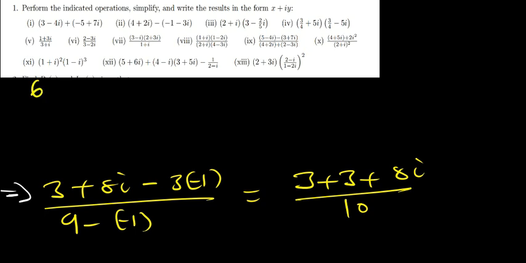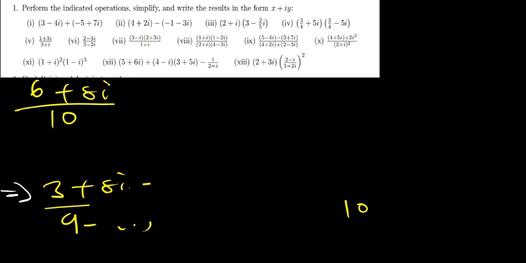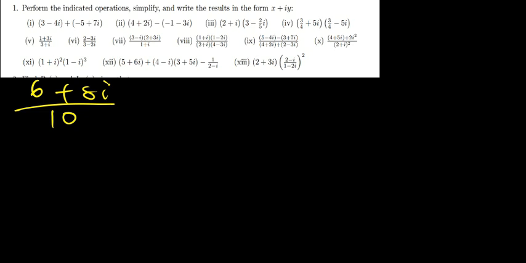So I have 6 plus 8i divided by 10. But remember, we are trying to write this in the form of x plus iy. So this is the same as 6 over 10 plus 8 over 10 i.